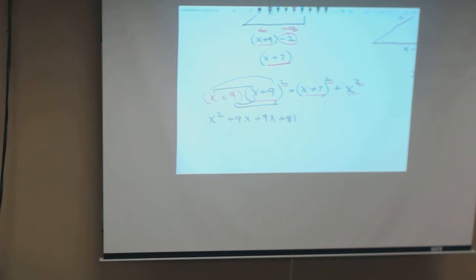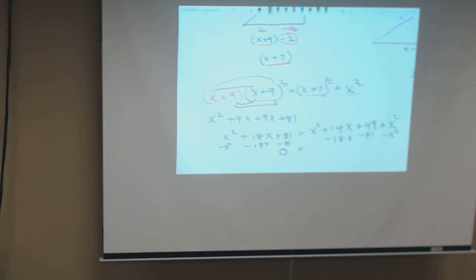So this comes out to be x squared plus 18x plus 81 equals x squared plus 14x plus 49. And now we need to fix this thing so it's equal to 0. So I go minus x squared, minus x squared, minus 18x, minus 18x, and minus 81, and minus 81.